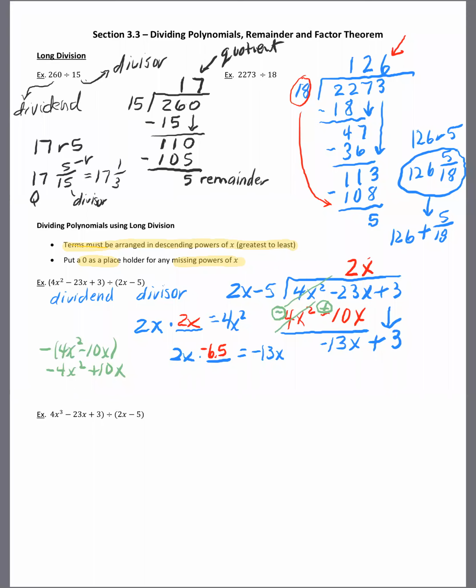So another way to write this, if I were to start it off as a mixed number, then you can change this into what we call the improper fraction. You take the denominator 2, multiply it by 6, that's 12, add 1 to it, that's 13. So this is actually -13/2. So I'm going to then put up here my -13/2, and that's going to be my multiplier.